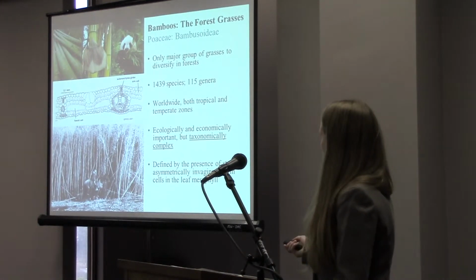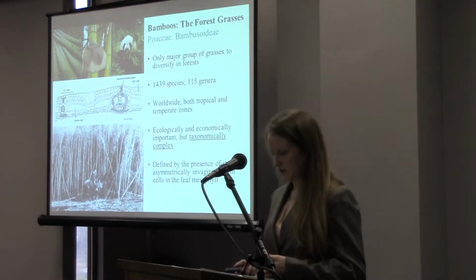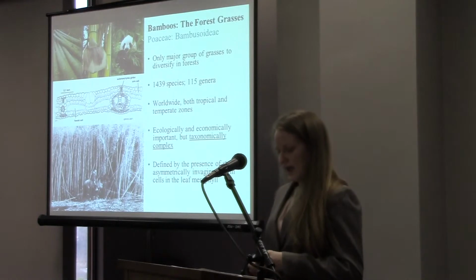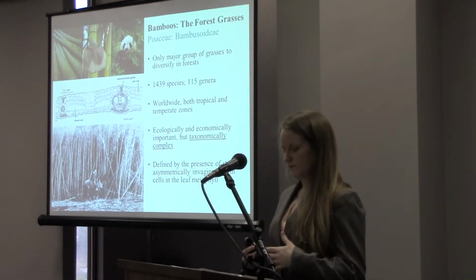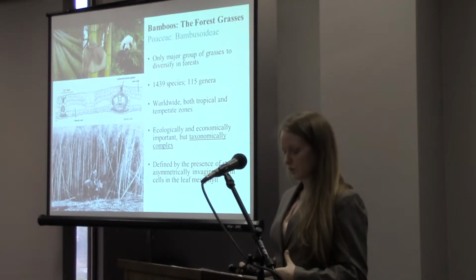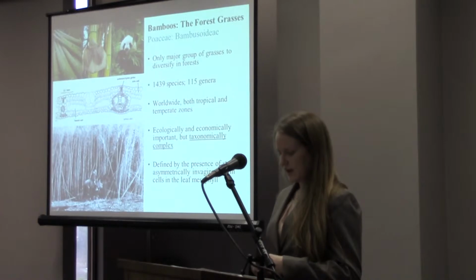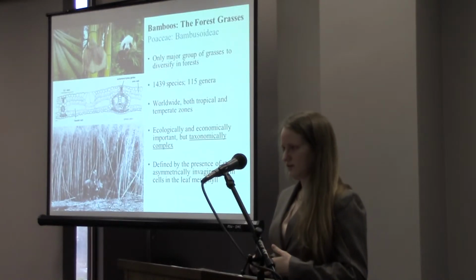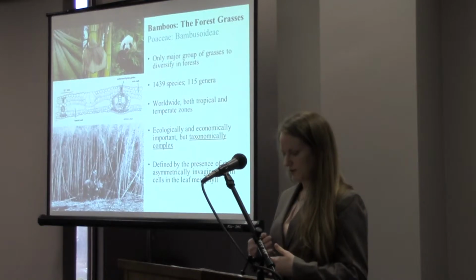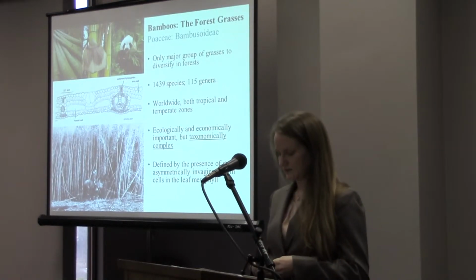There are approximately 1,400 species in 115 genera, and most people think that bamboos are found mostly in Asia. However, they are worldwide, and they are found in both tropical and temperate zones. Even though they are significant ecologically and economically, they are taxonomically complex.